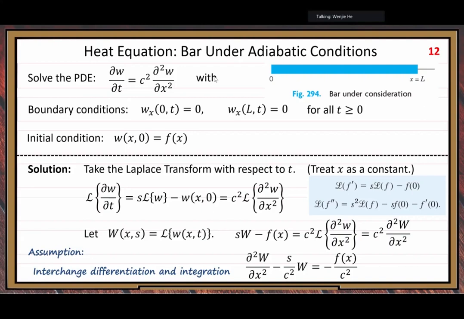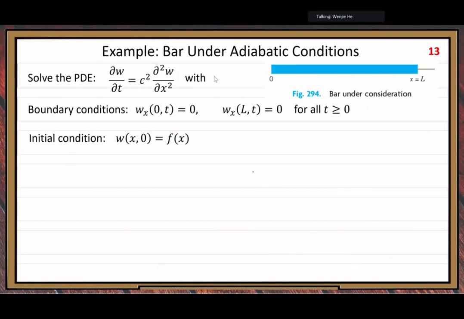Next, we need to really solve this equation for a concrete example. This time, same problem, but we make the C constant equal to 1.